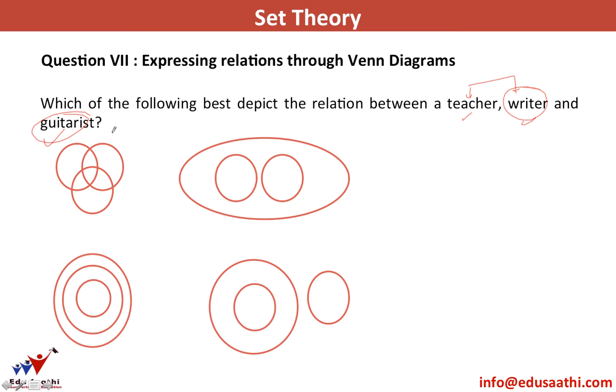So what is the best representation? This one. So this one can be a teacher, this is a guitarist, and this is a writer. So I have teacher plus writer, I have teacher plus guitarist here, and guitarist plus writer here, and this forms person who does all three of them. Purely based on your logic and IQ.